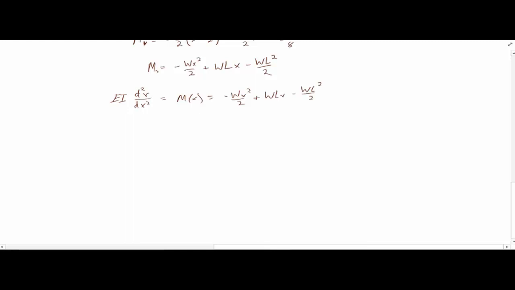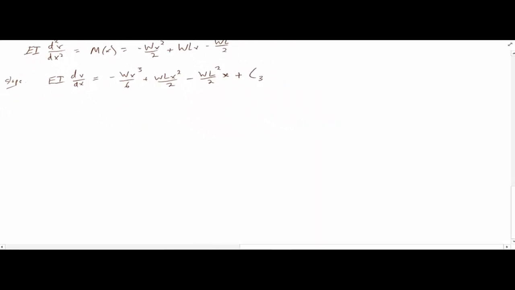And then integrating this, we get EI dν over dx, and this is our slope equation, which equals negative wx cubed over 6 plus wLx squared over 2 minus wL squared over 2 multiplied by x. Okay? But we need to add our constant of integration. This is our third constant, so we're going to call it C sub 3. Okay? And this is our slope equation.